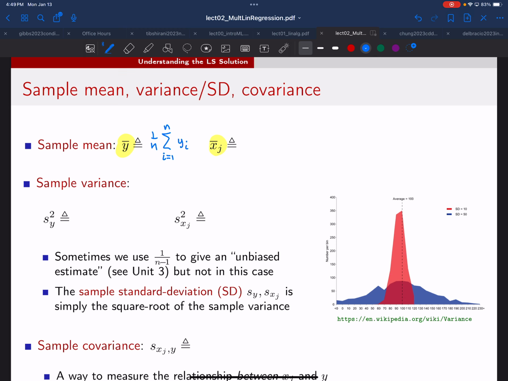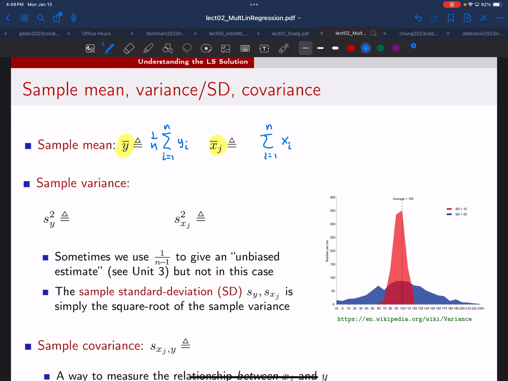This is a little more difficult. So, how do I write this? This is the sample mean of the j'th feature. Would it be a sum over i equals 1 to n? So we're going to sum over our data. i indexes the n examples of our data. We're still going to sum that way. But what are we going to put over here? x sub i.